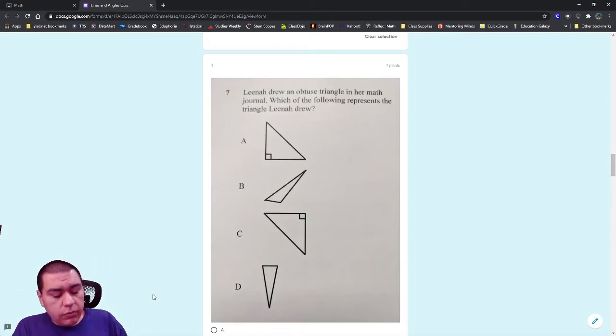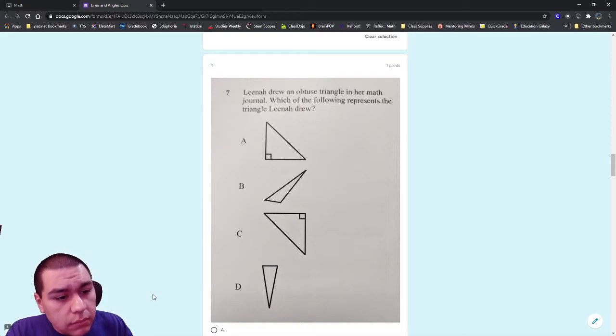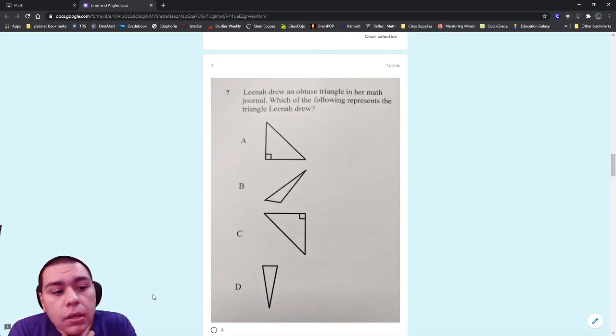What do you think, Bailey? If a right triangle has to have a right angle, what kind of angle does an obtuse triangle have to have? I'm not asking what answer choice to pick. Listen to the question. If a right triangle has a right angle, what kind of angle does an obtuse triangle have? Bailey?